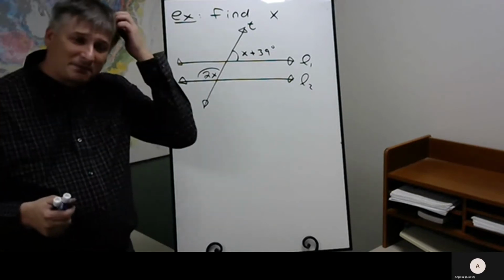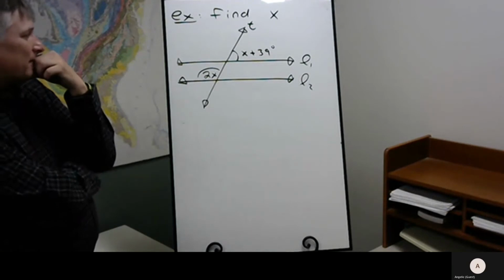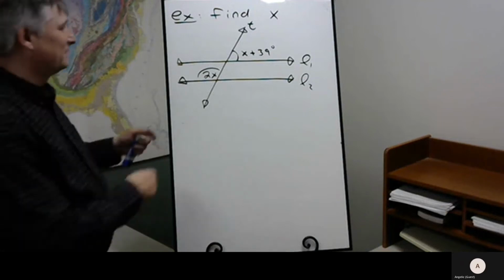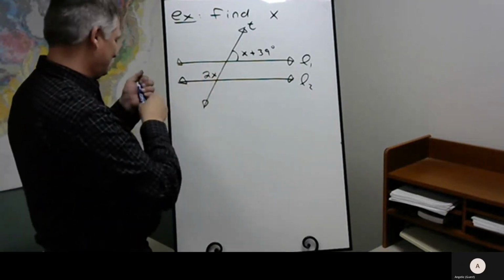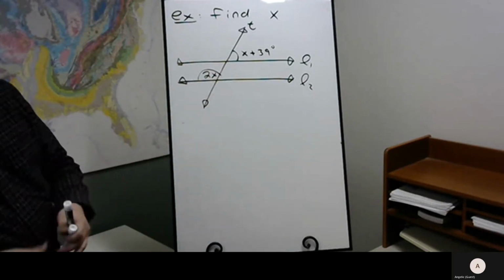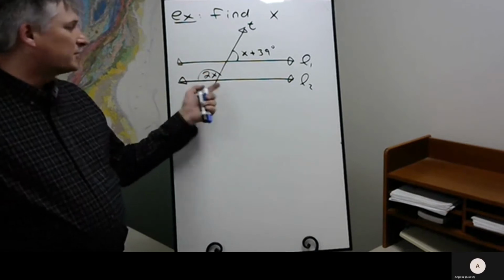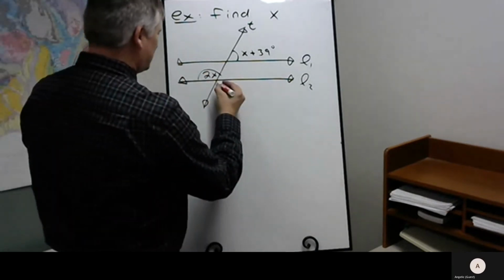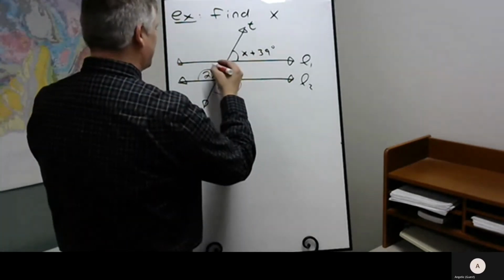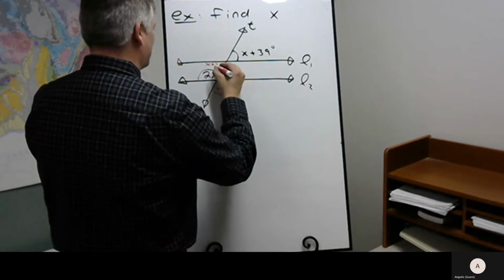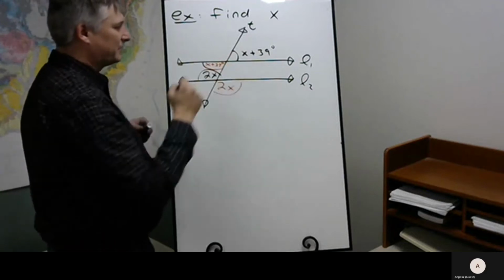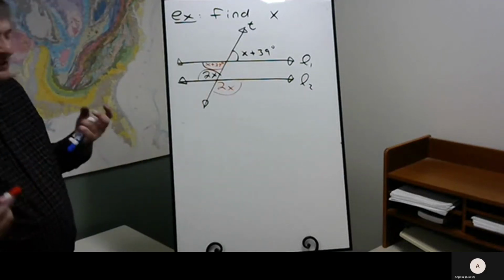So we want to solve for x. So what we can do is we can try to fill in missing information. Now, some of the fill-in we do is not going to be very helpful, but let's see what happens. So first off, we know these two angles are vertical. So if this is 2x, that's 2x. And same here. This is x plus 39. This one's x plus 39. Again, because they're vertical angles.